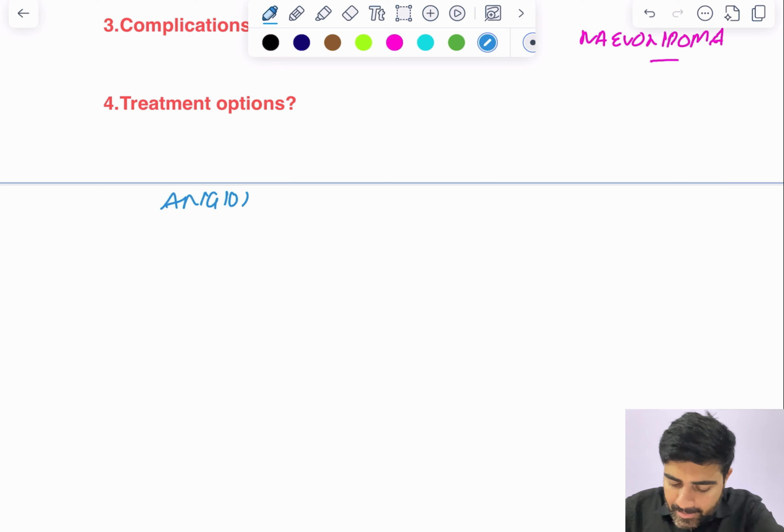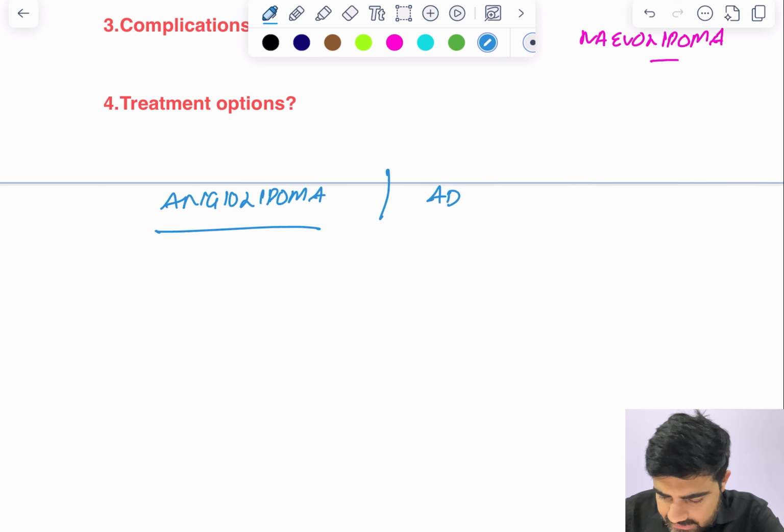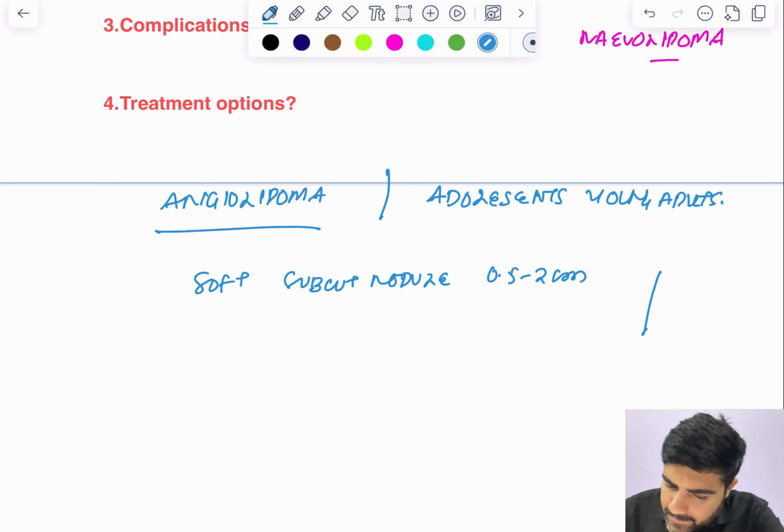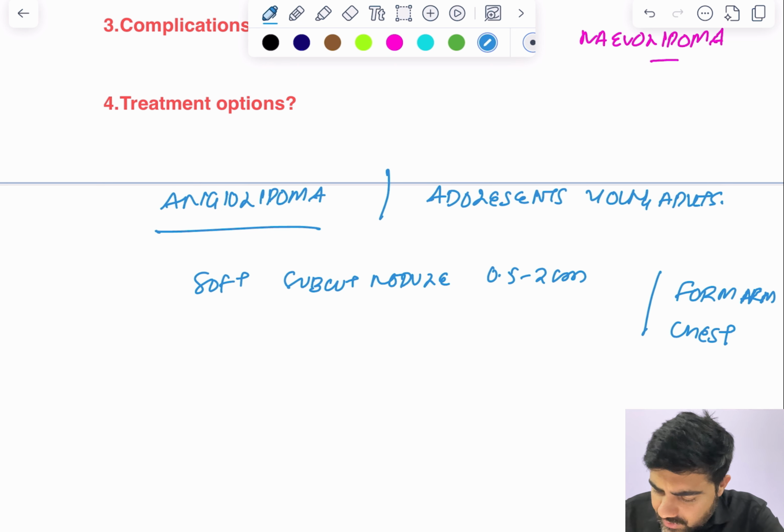Angiolipoma is basically seen in adolescents or young adults. It is a soft subcutaneous nodule. You will find soft subcutaneous nodules of size 0.5 to 2 centimeters. They can be seen in the forearm and in the chest wall, and they are multiple.